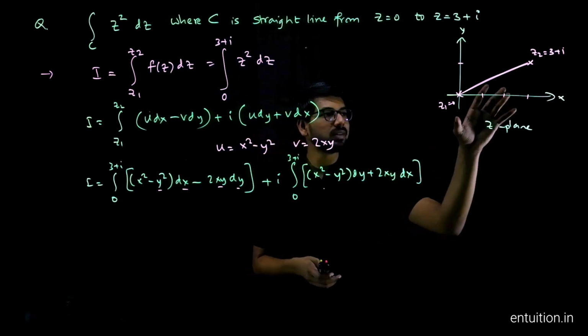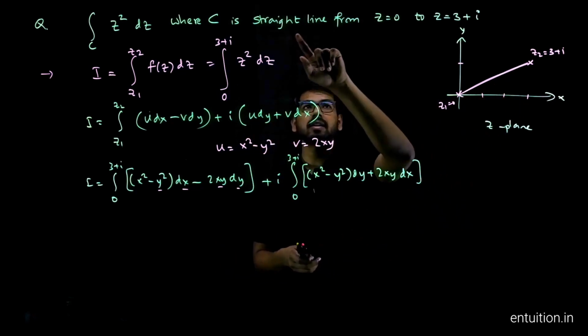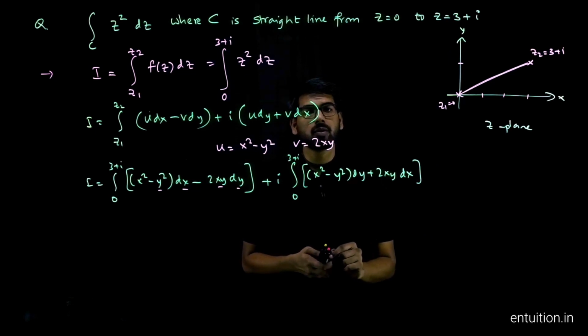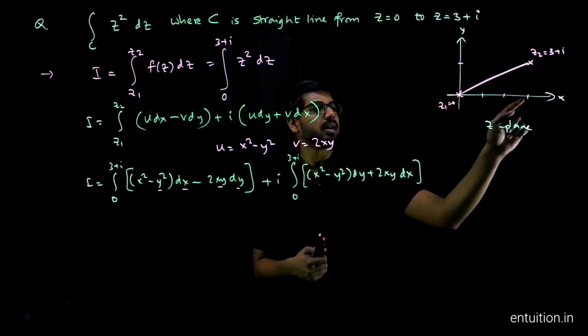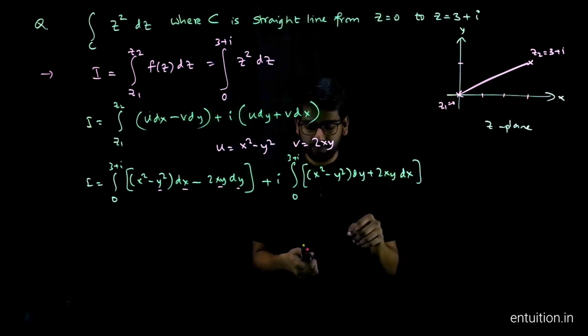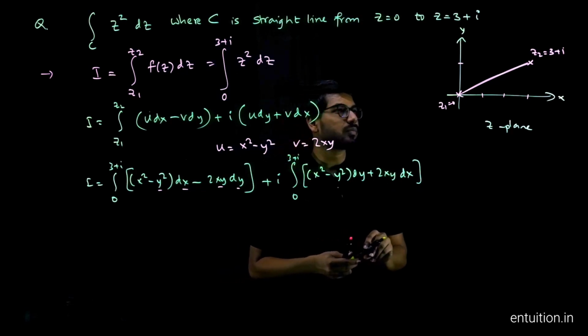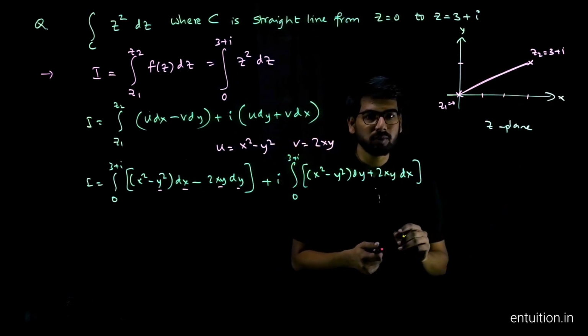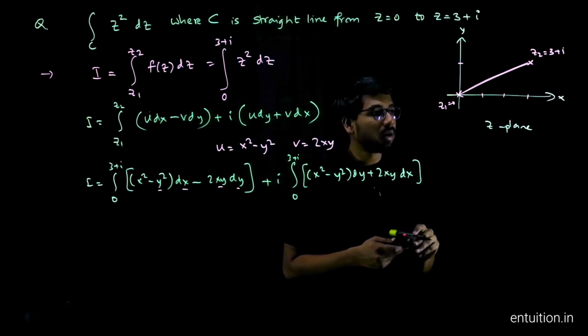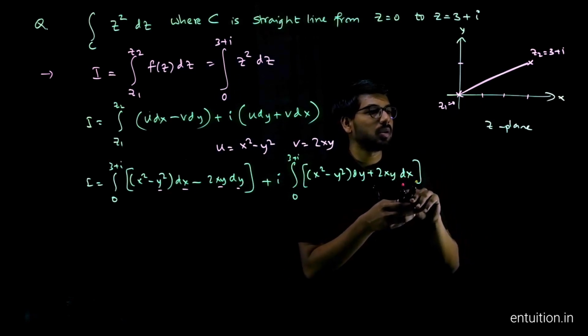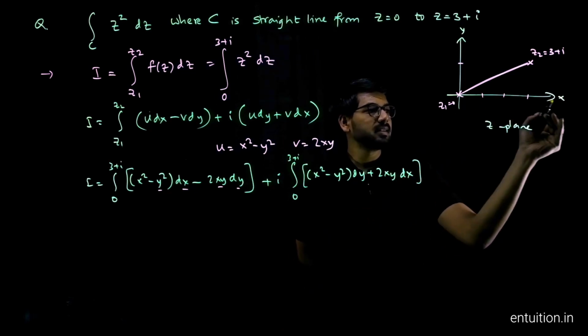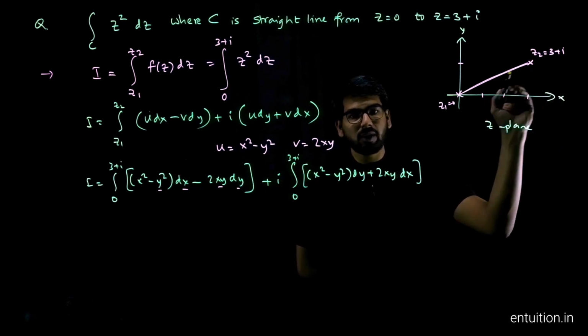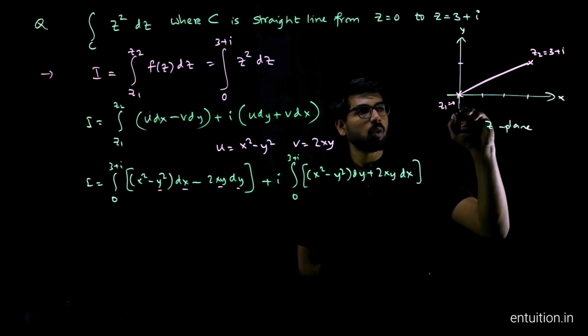You have to make use of the given path now. He has given it as a straight line from 0 to 3 plus i, not something else. So see here, this is y and this is x. We have to find the equation of this line.